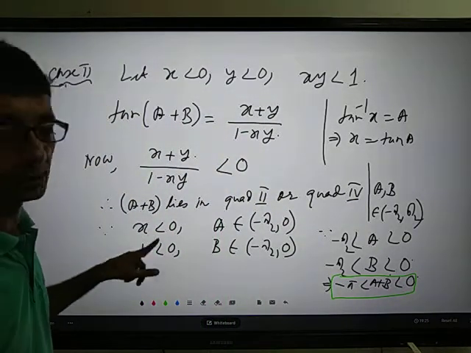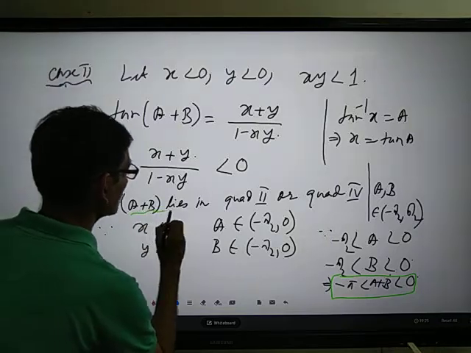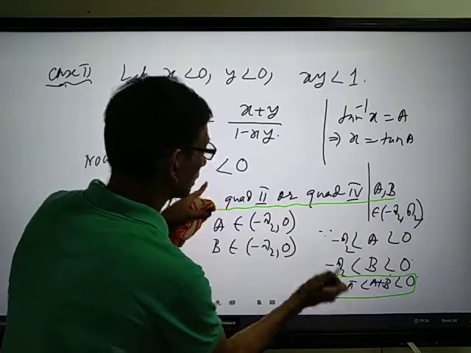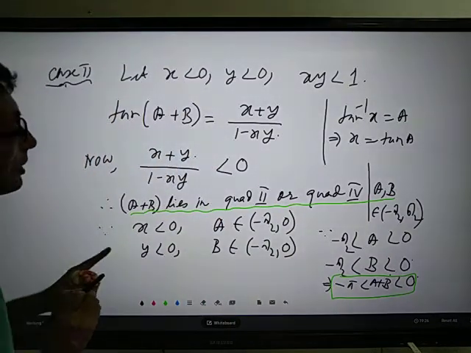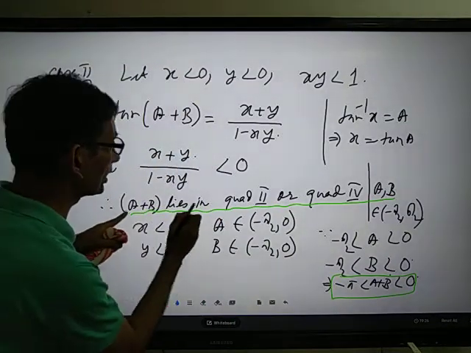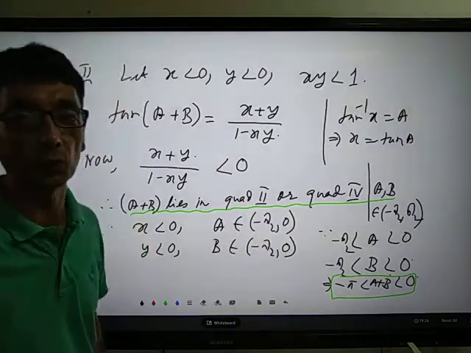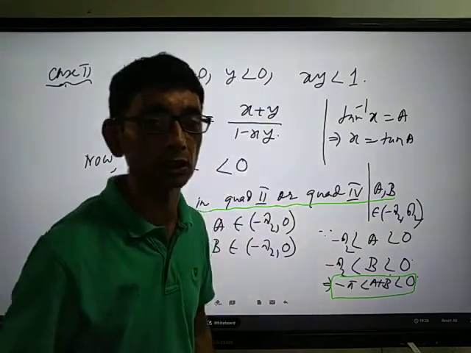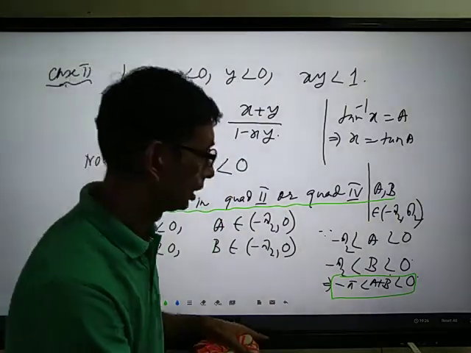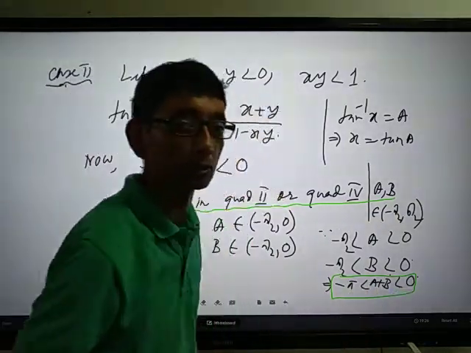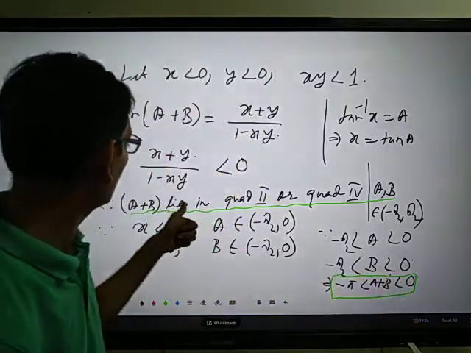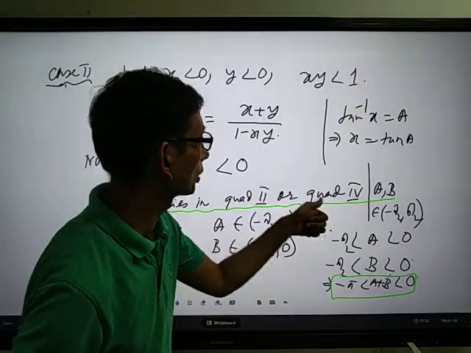Now see these steps. We need to restrict the value of A plus B. Here A plus B lies in quadrant 2 and quadrant 4, and here A plus B is lying between minus pi to 0. If A plus B is lying between minus pi to 0, it can be third quadrant or fourth quadrant. Now here A plus B lies in quadrant 2 or quadrant 4.